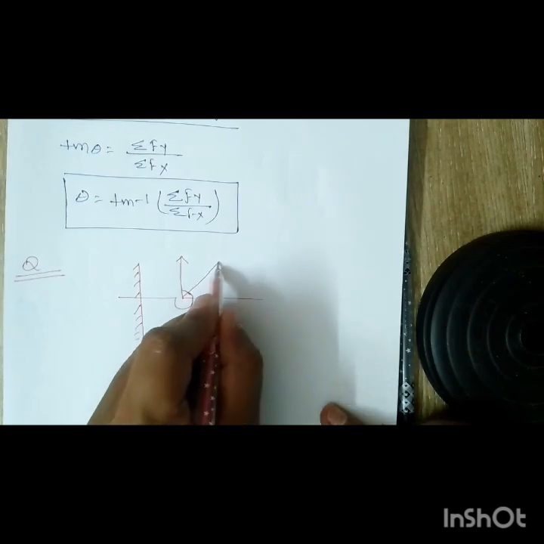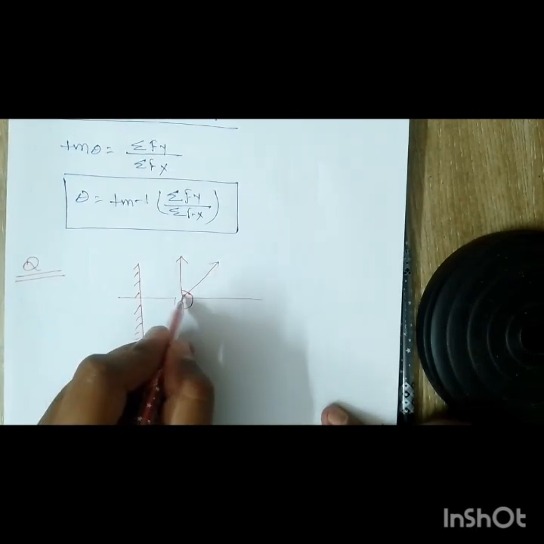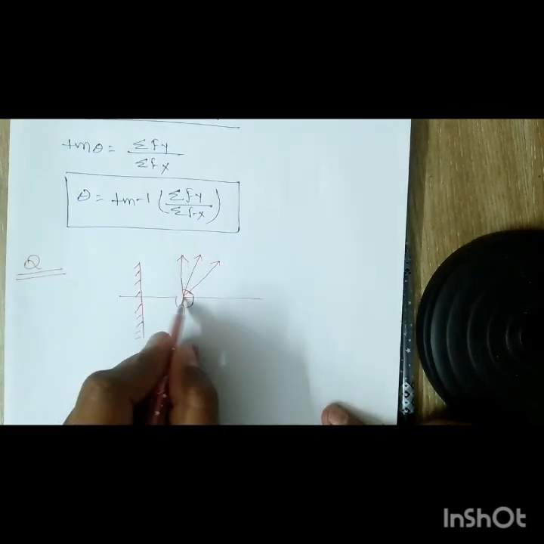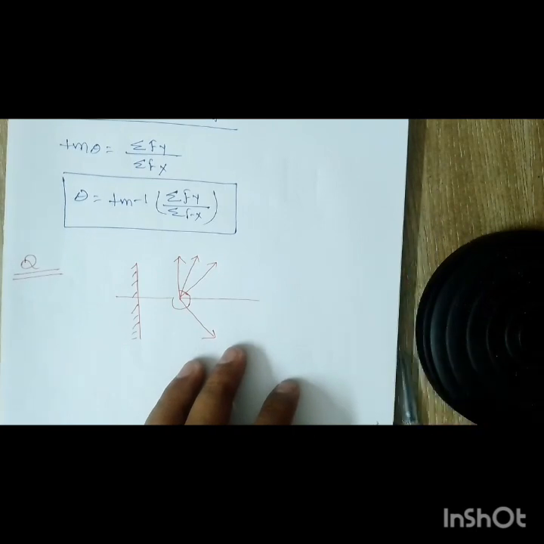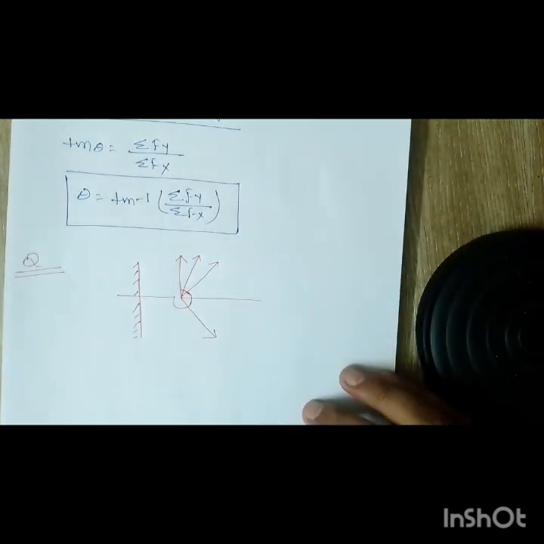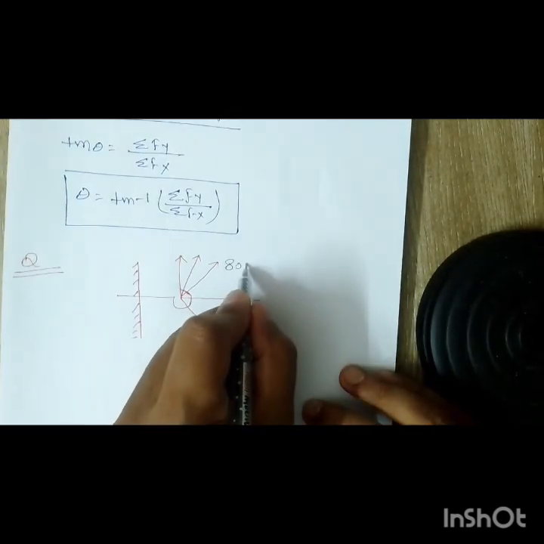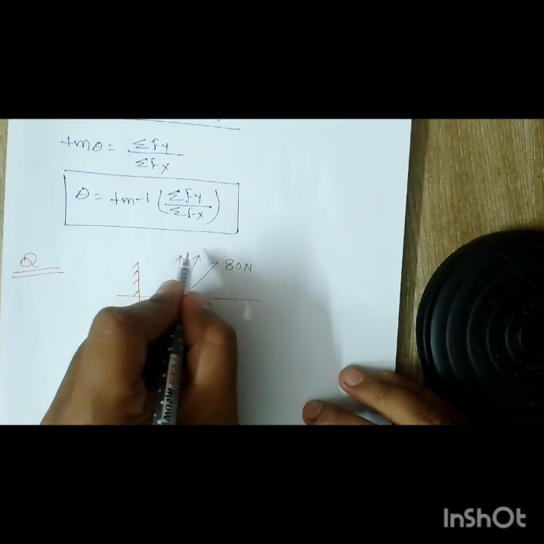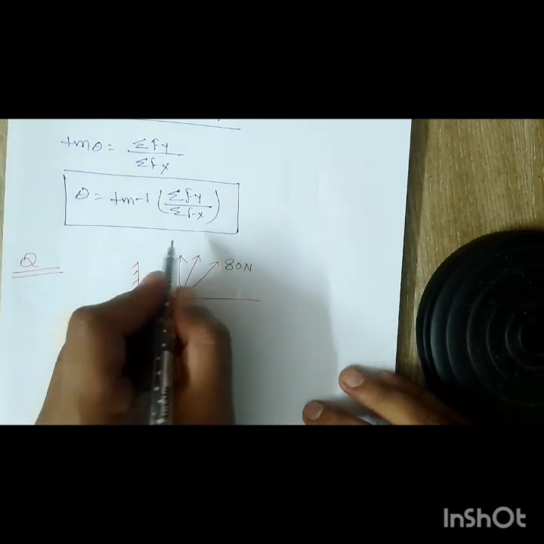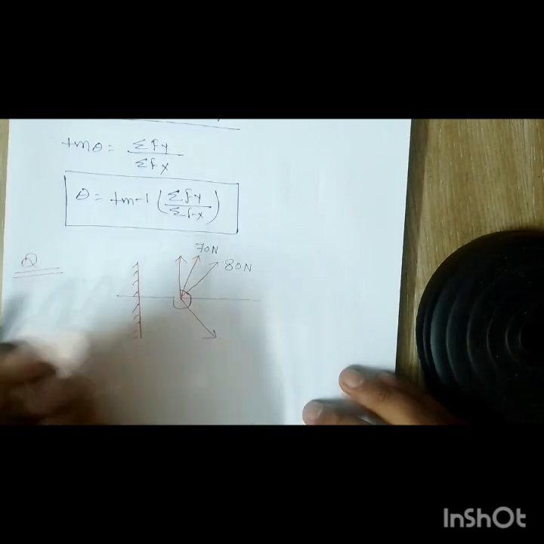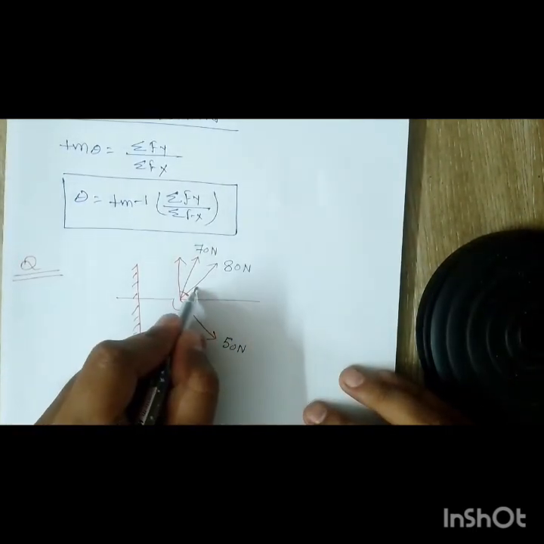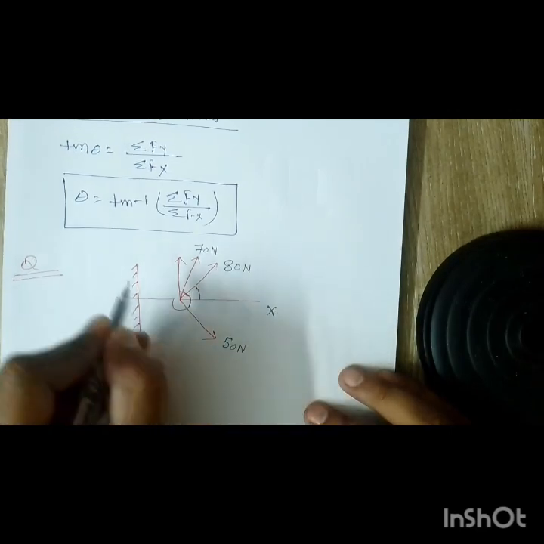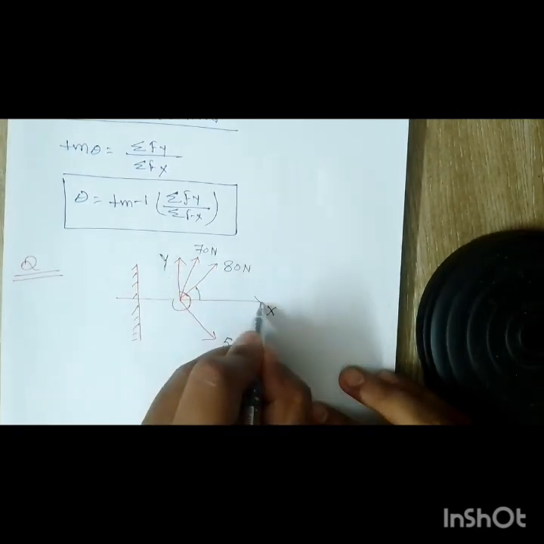One force is like this, another like this, and another like this. All three forces are inclined. One force has a magnitude of 80 Newton, another 70 Newton, and another 50 Newton. The inclination is with the horizontal, this is your x-axis and this is your y-axis.